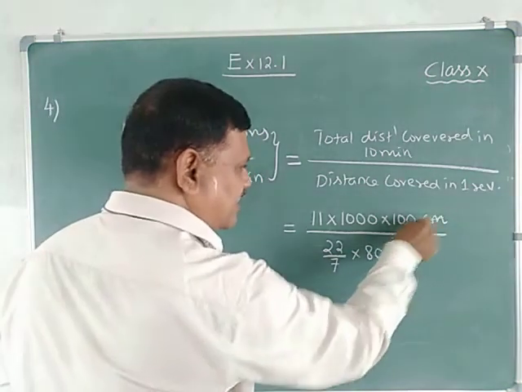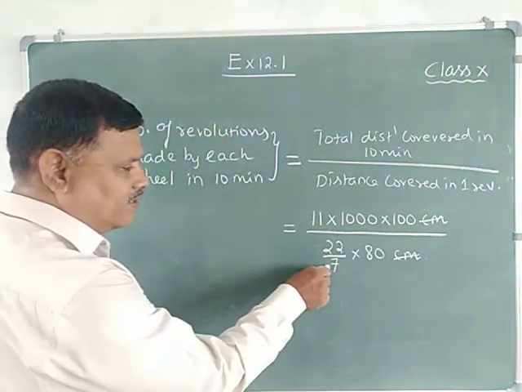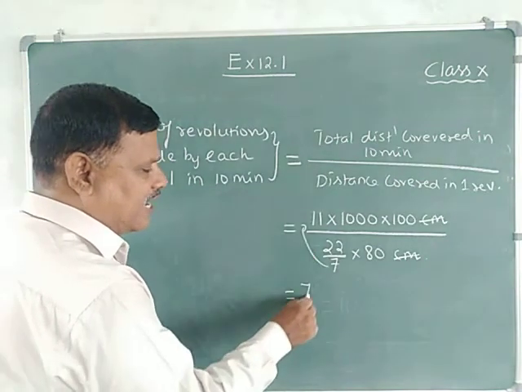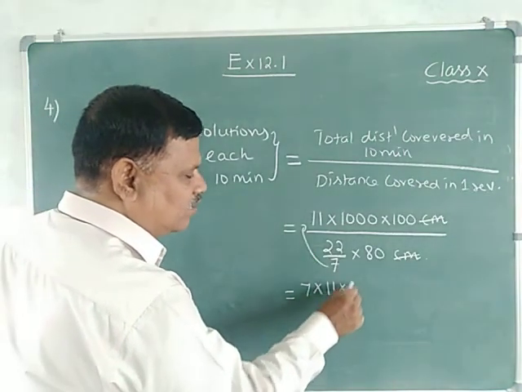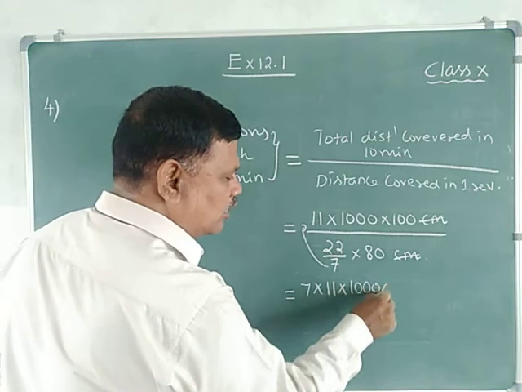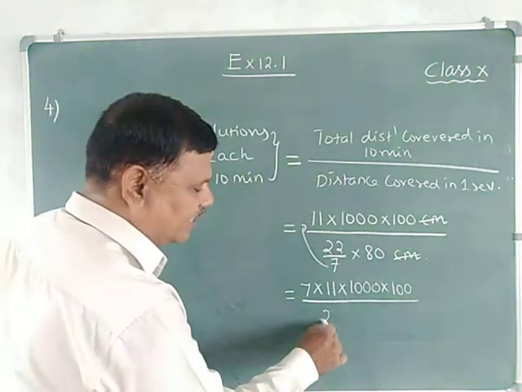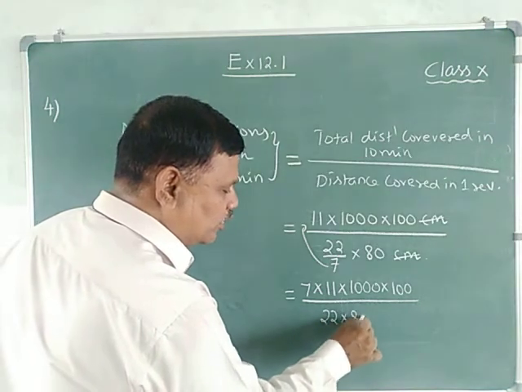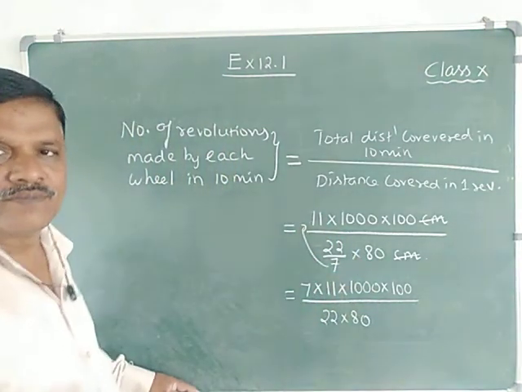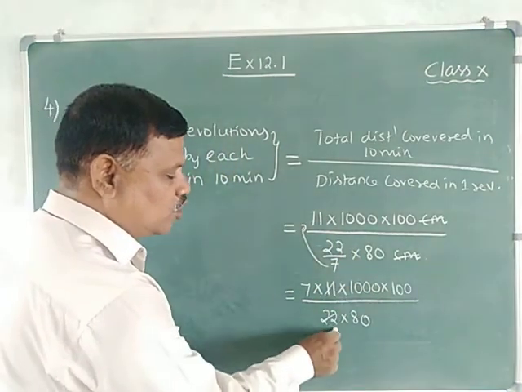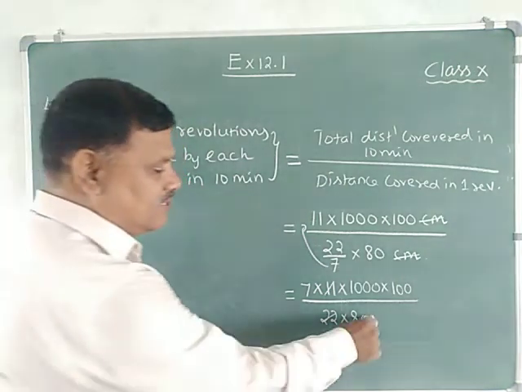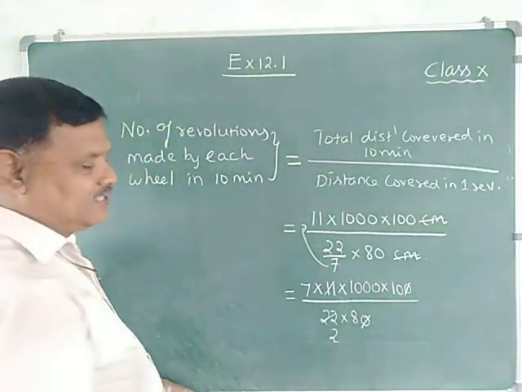Now centimeter gets cancelled. Take this 7 to numerator. I have 7 into 11 into 1000 into 100 divided by 22 into 80. Okay, now 11 cancels 22 for 2 times. 0 gets cancelled.